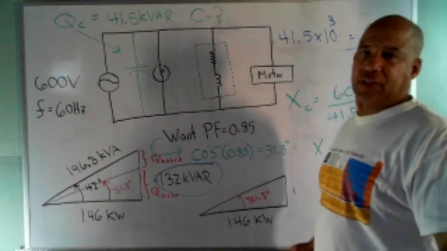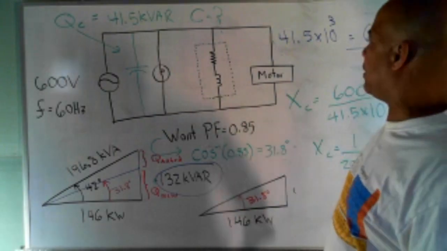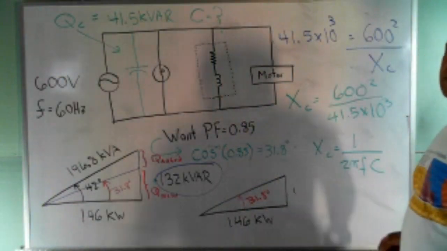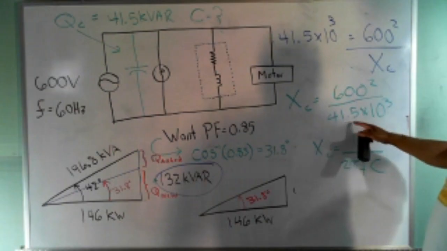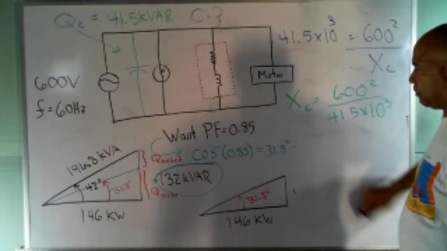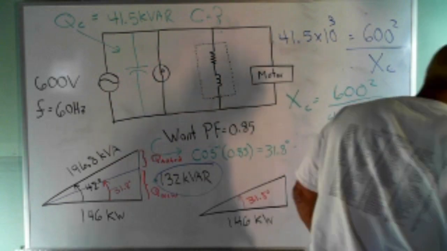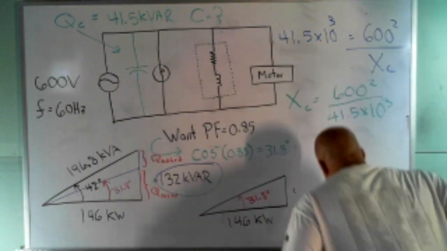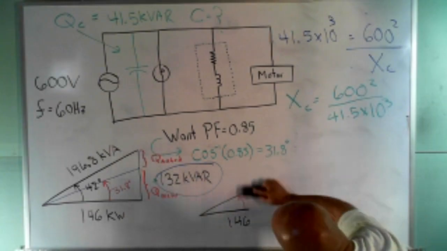All through school in physics and engineering, they just grilled us on units. I feel guilty when I don't write them, but I'm out of room, so you got to write them. Okay, so 600 squared divided by 41.5 times 10 to the third. Somebody tell me what that is. 8.67 ohms.